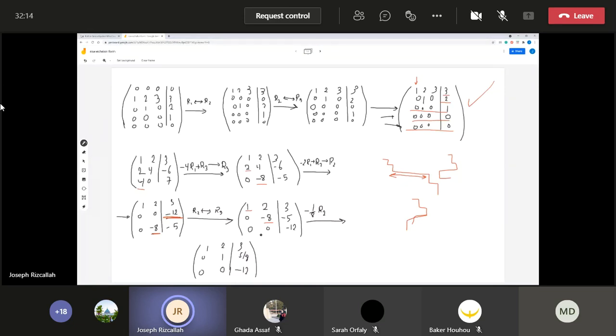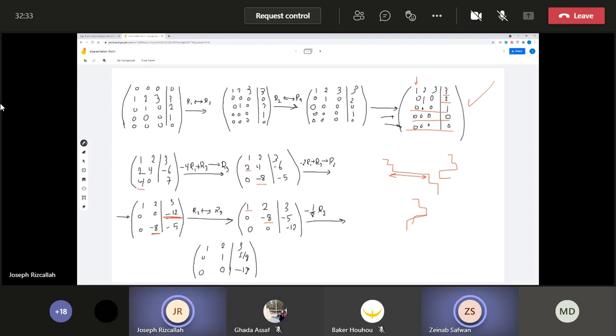So how do you transform a matrix from any form to a row echelon form? Any questions? Doctor, don't we need to divide the -12 by -12?